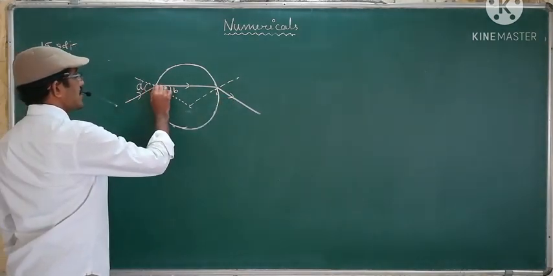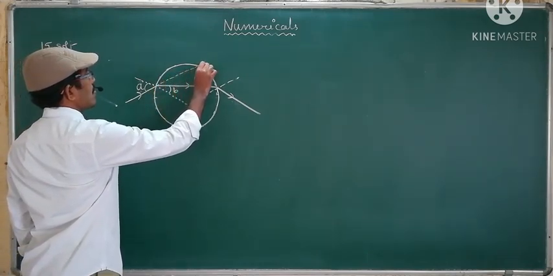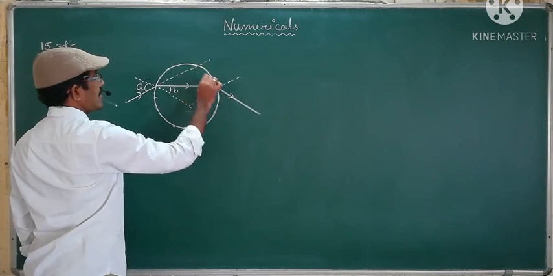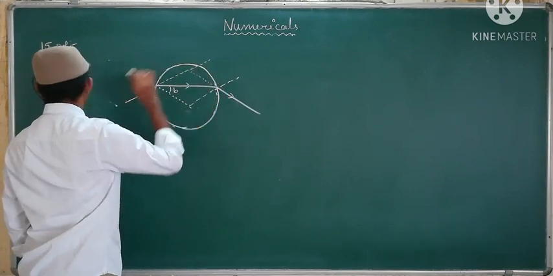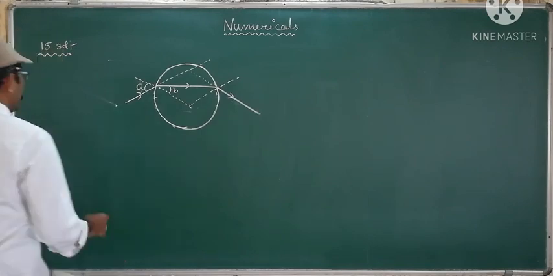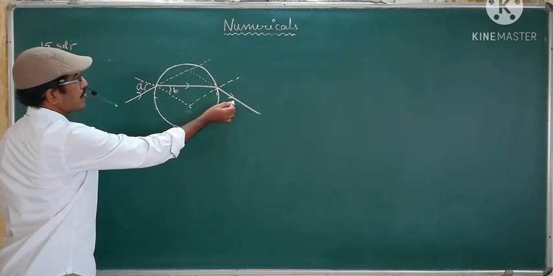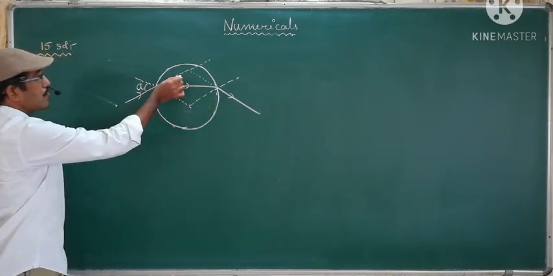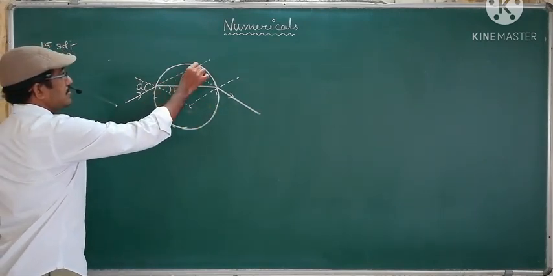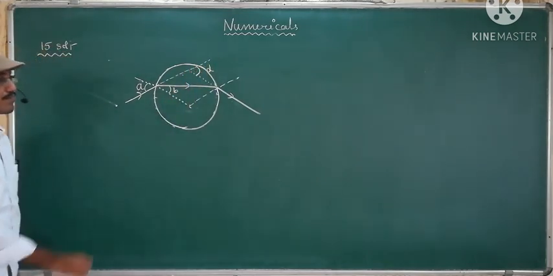So deviation means the angle made by the refracted or emergent light ray with the direction of incident light. So this is the angle made by the emergent light ray with the direction of incident light. This is the angle of deviation.